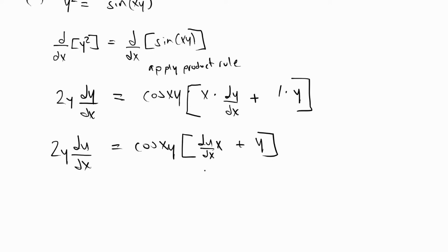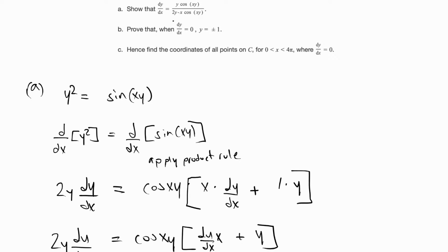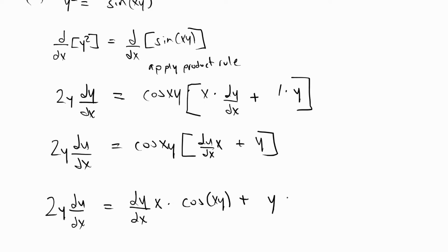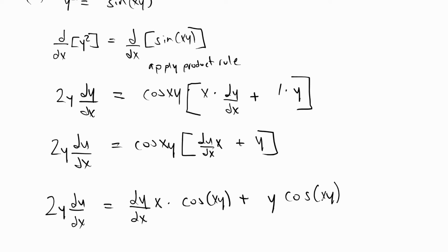Of course we need to solve for dy/dx. Here we have it on both sides, so we need to group our like terms together. Let's expand the right side. So 2y dy/dx is equal to x cos(xy) dy/dx plus y cos(xy).